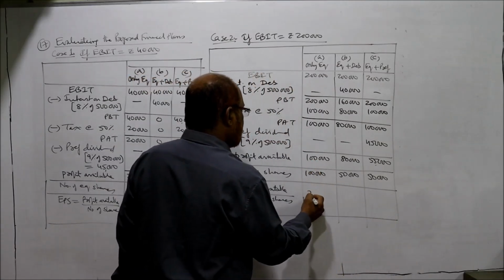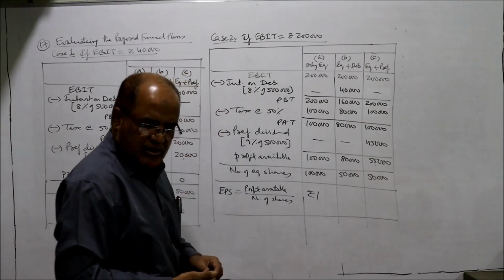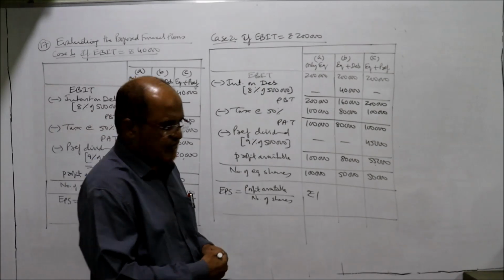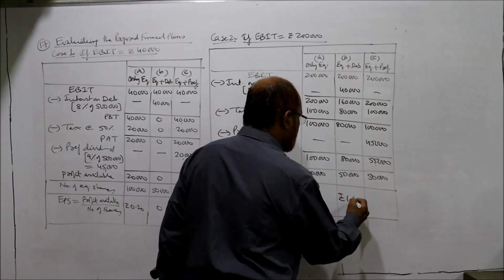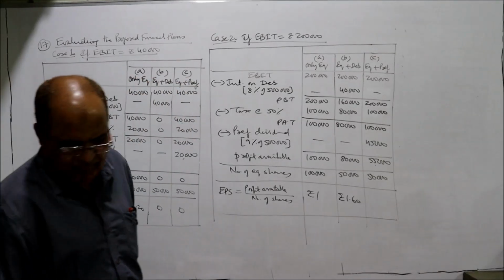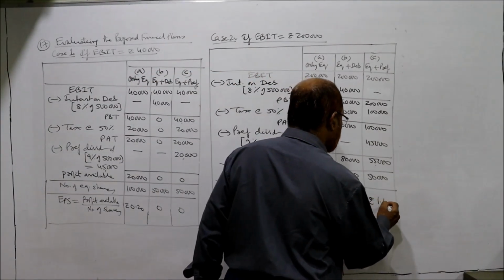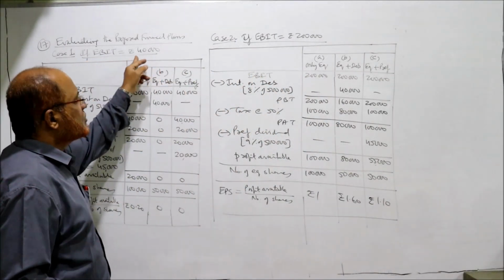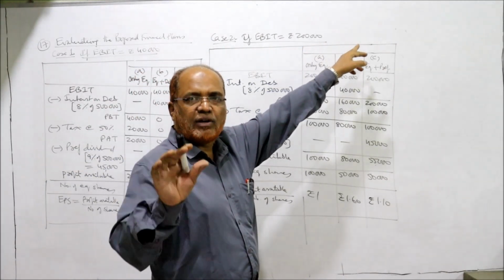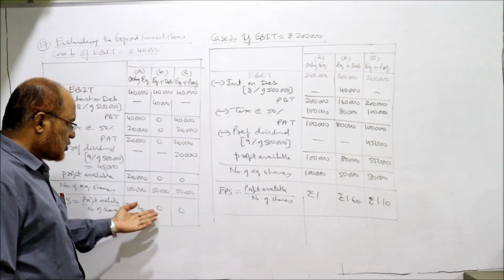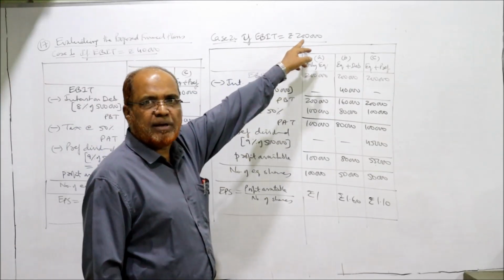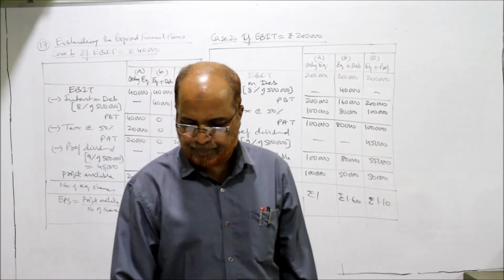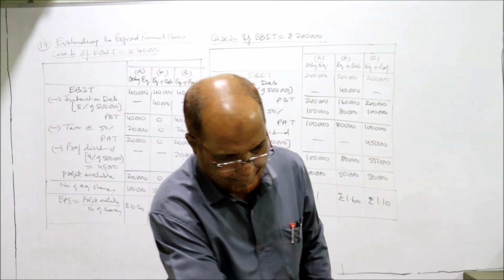So 1 lakh divided by 1 lakh, rupee 1. 80,000 divided by 50,000, rupee 1.60. Last one, 55 by 50, 1.10. That's it. So we are required to calculate the EPS when EBIT is 40,000, when EBIT is 2 lakh. जब 40,000 EBIT अगर है तो EPS 0.200. When 2 lakh rupees is the EBIT, the EPS is 1 rupee, 1.6, 1.1. That's it.